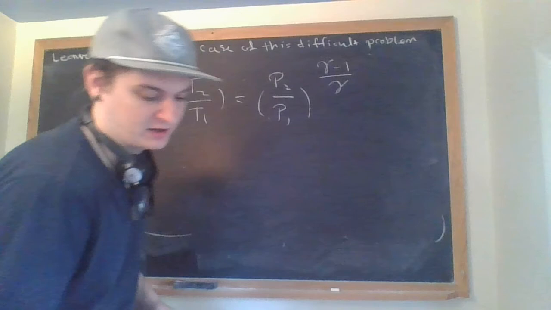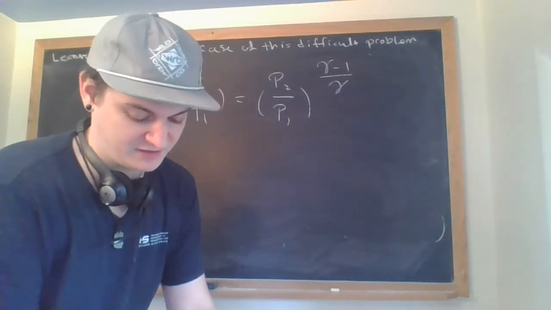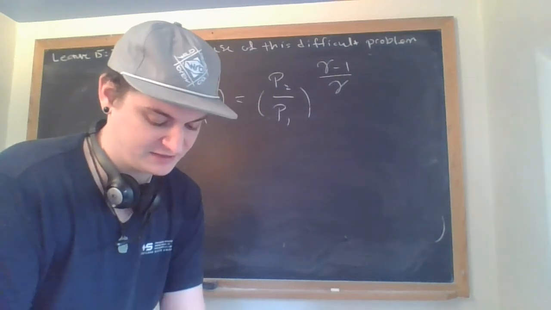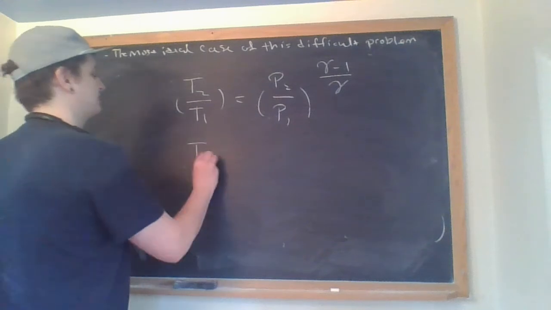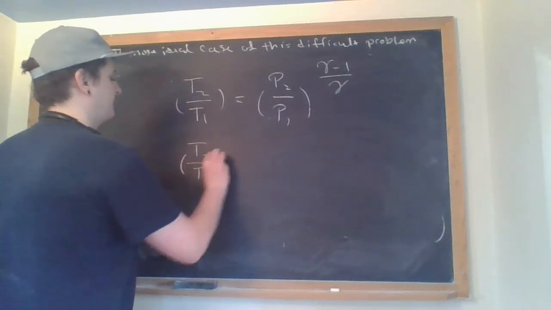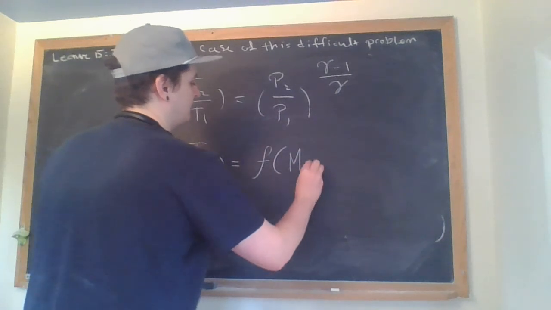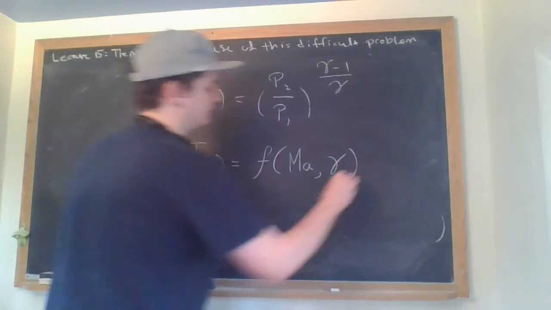So the point of what we're doing for this entire lecture is we're trying to arrive at similar types of state relations. And the state relationships we want are kind of the same relationships, and we want them to be functions of our Mach number and the fluid.